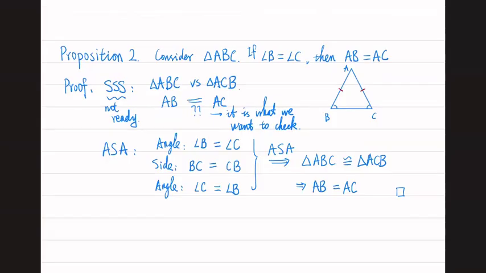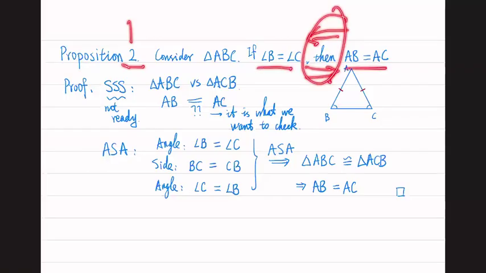Okay, so now we have the two propositions. Proposition 1 is this implication. Proposition 2 is this implication. Now we combine them. We see that these two conditions are equivalent. One implies the other.